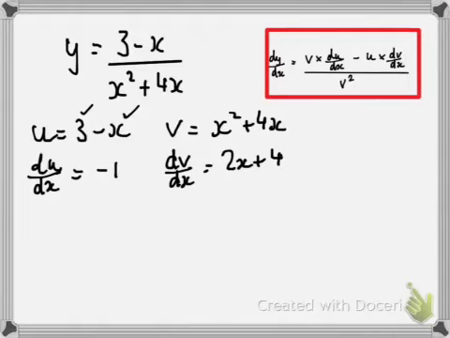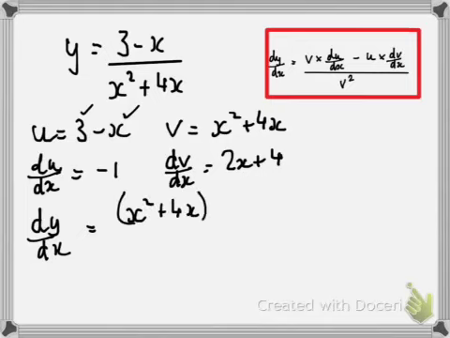Okay, so here it is. dy dx is going to equal v, which is x squared plus 4x. Good idea to bracket these. Multiplied by du dx, which is negative 1, minus u, which is 3 minus x, multiplied by dv dx, which is 2x plus 4.